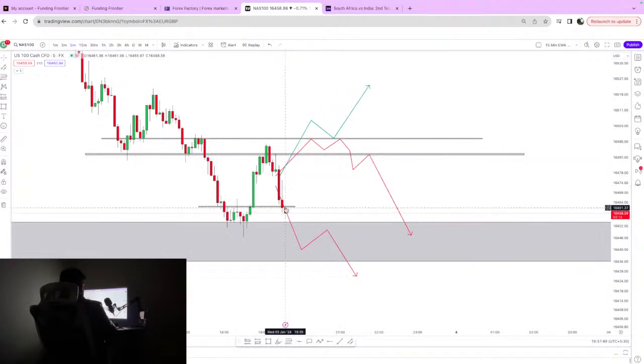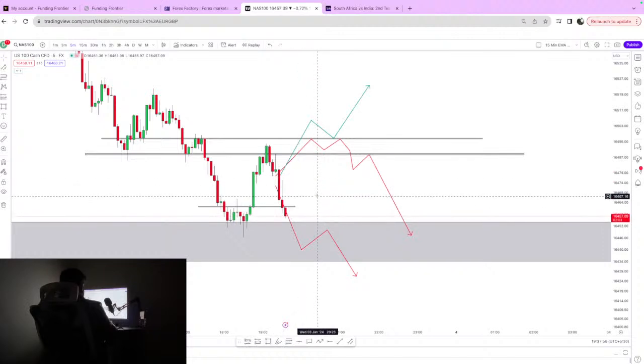So if this present red candle comes out to be a green, or the next candle comes out to be a green candle, then we may look for a buy trade.